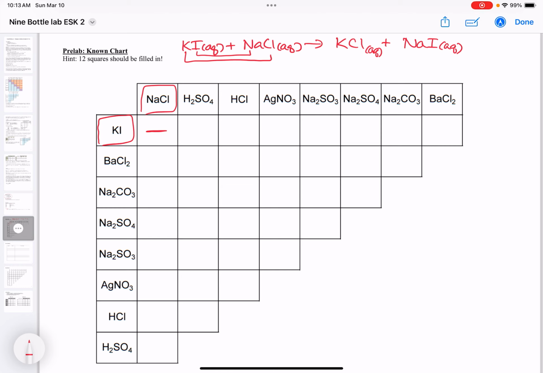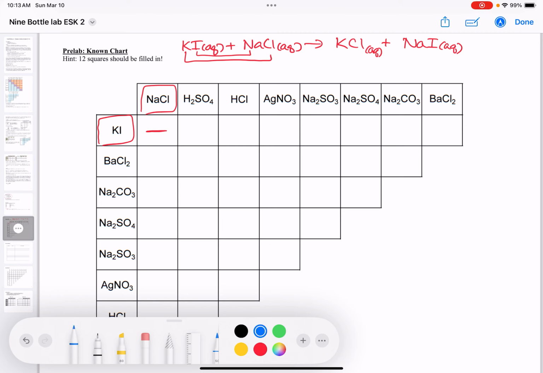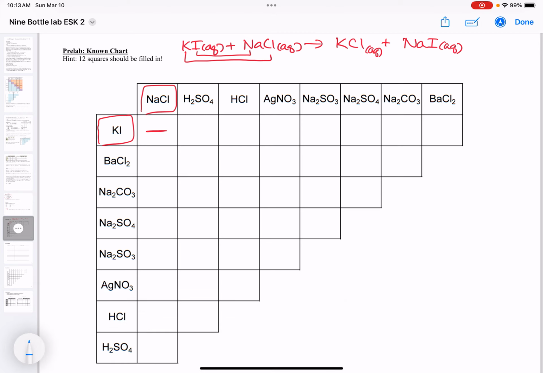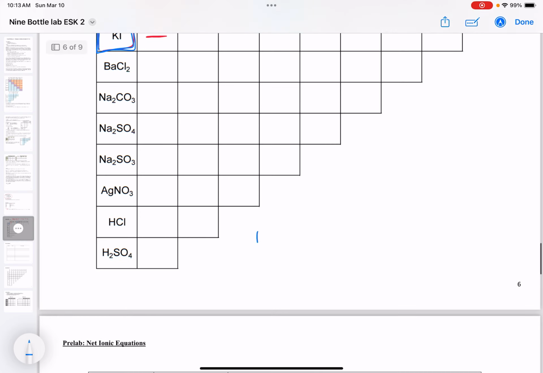All right, so then the next, we'll skip ahead a little bit. I want to look at one that does form a product for sure. So let's look at potassium iodide again, but this time we'll look at the combination of that with the silver nitrate. These are all solutions. They're ionic compounds that have been dissolved in water.